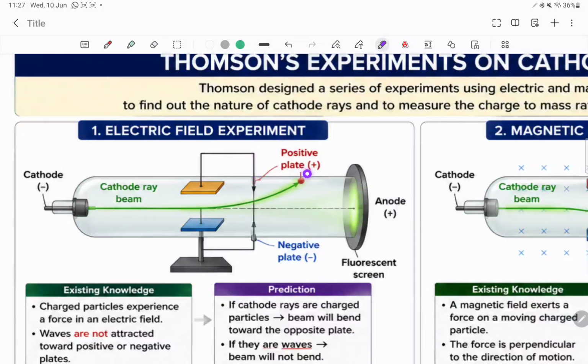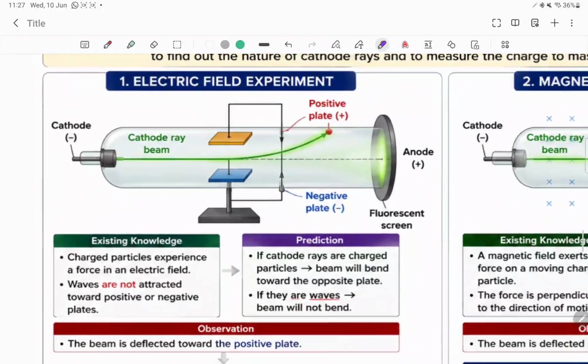But after inserting an electric field, what happens? According to existing knowledge, charged particles experience a force in an electric field, but waves are not attracted towards positive or negative plates.